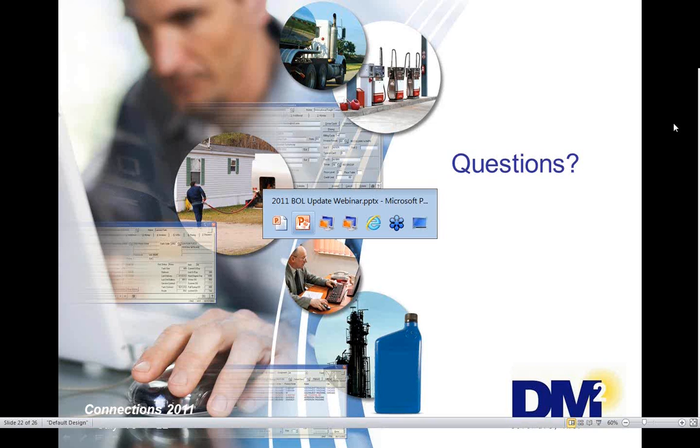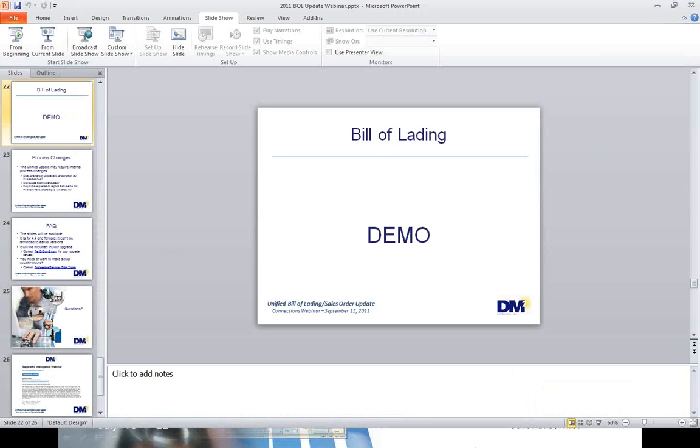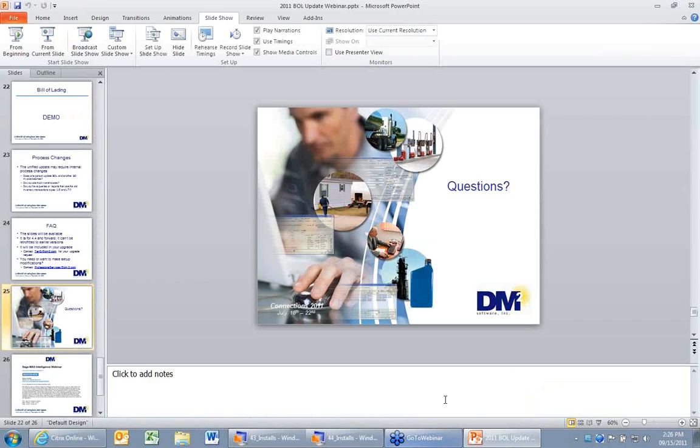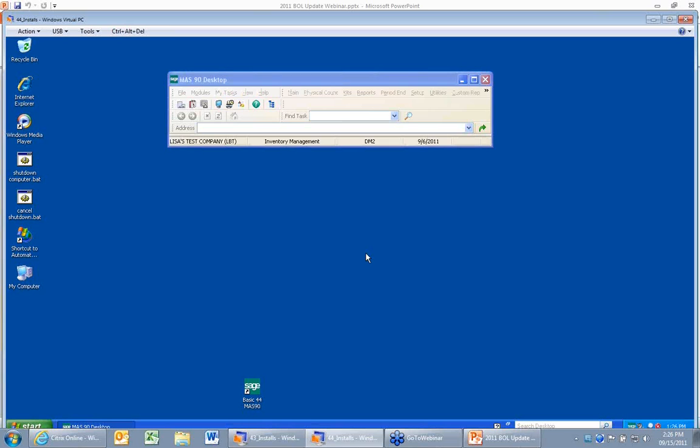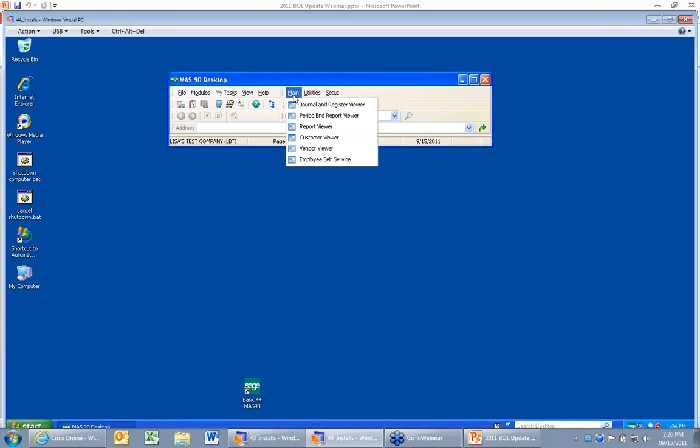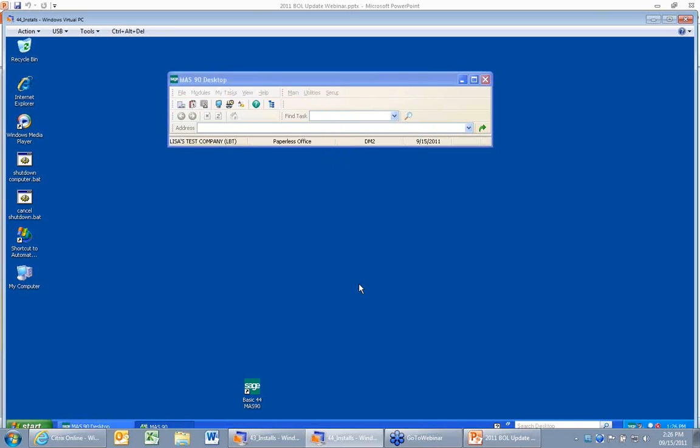With the upgrade 244, if you're talking about the Sage paperless, bill of lading is now an option to print through Sage paperless, so yes, it can. And yes, it will print through the DM2 paperless as well.